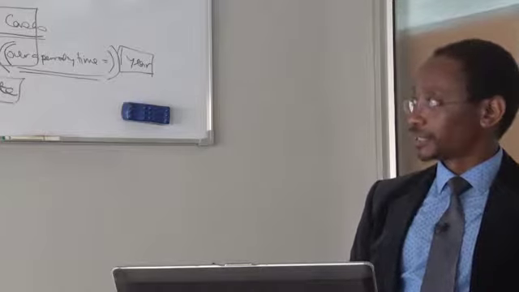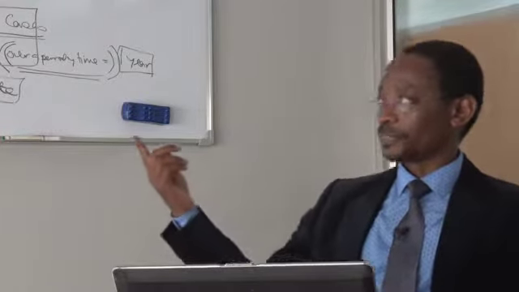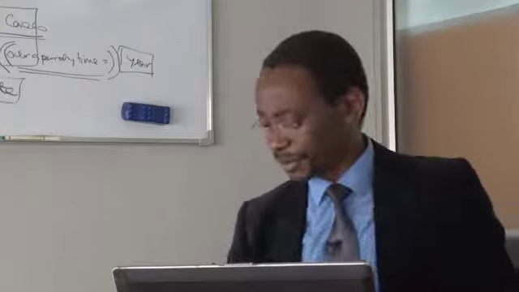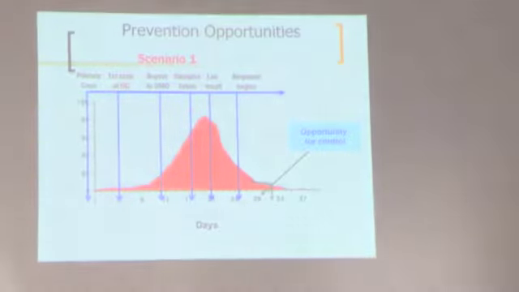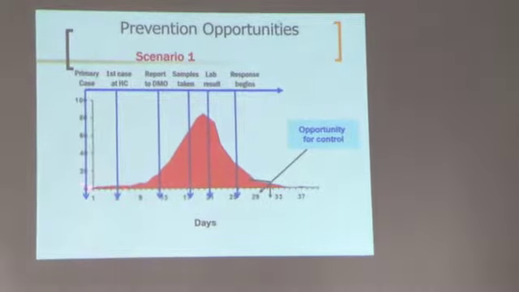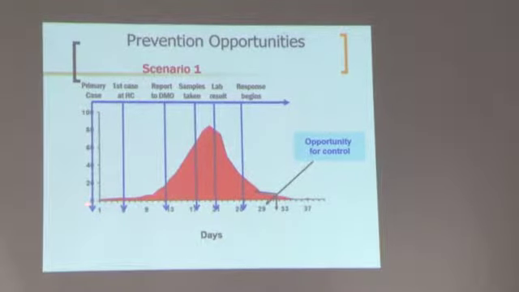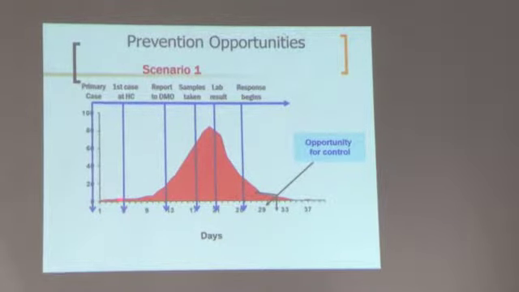Now, in many outbreak situations, this is what happens when we are not ready. We lose the opportunity for control. The primary case comes at this time. The first case at the health center comes at this time. So all through this time, these ones are in the communities. And then by the time we report this first case, it has occurred here, but this is maybe around day 5. The time we report to the district health office, it is day 13.